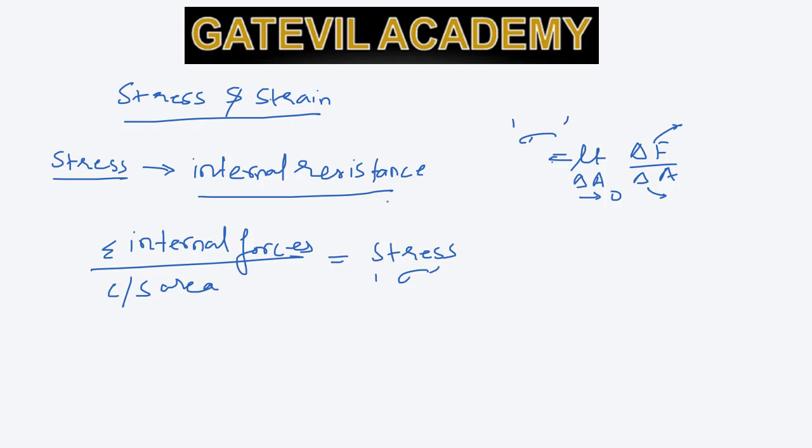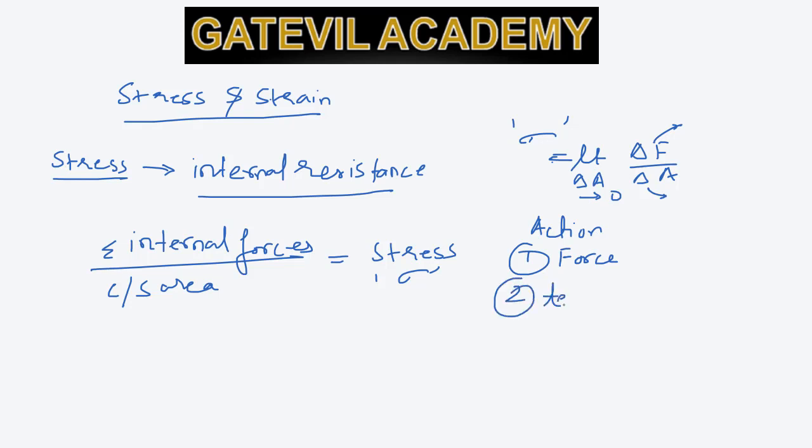Now let's move on and see what actions produce deformation and then further produce stress in the body. The action could be force. If you apply a force to a body, it tries to produce a deformation and thus produces stresses.